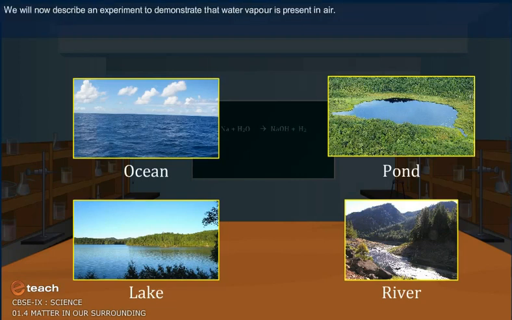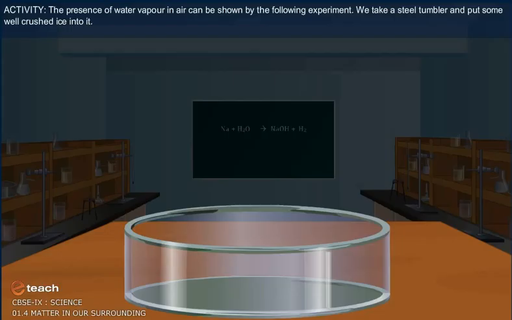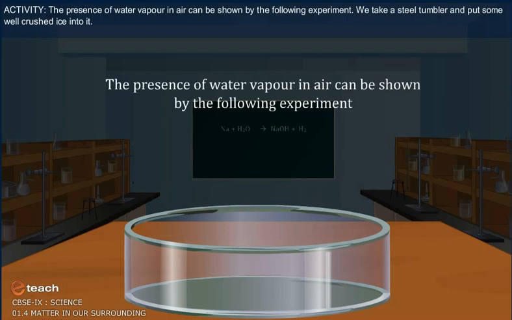We will now describe an experiment to demonstrate that water vapor is present in the air. Activity. The presence of water vapor in the air can be shown by the following experiment.